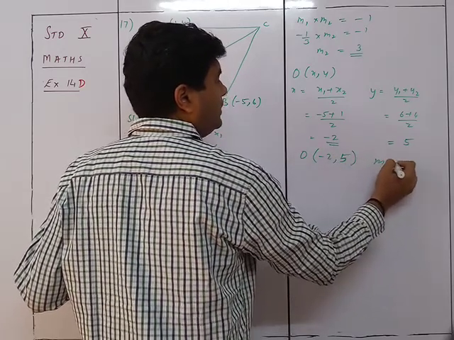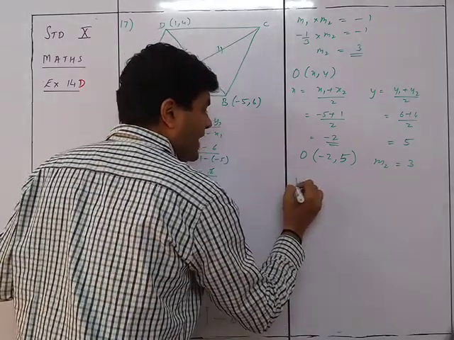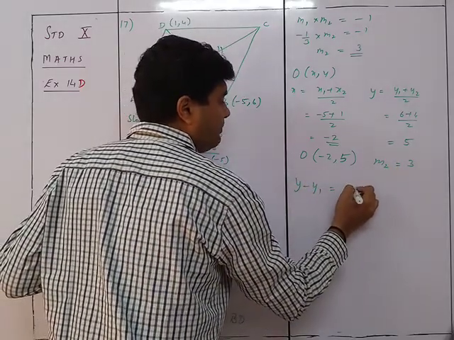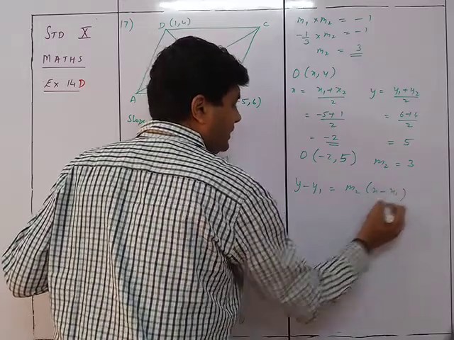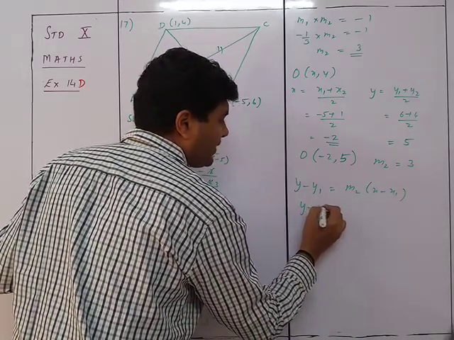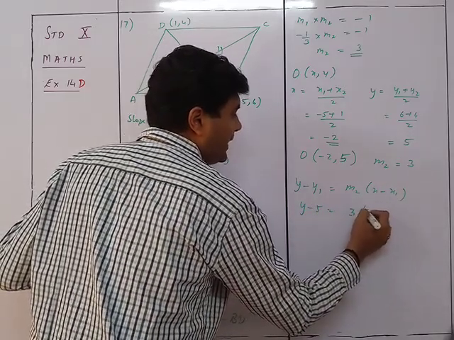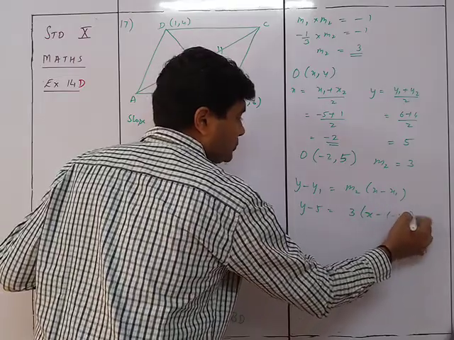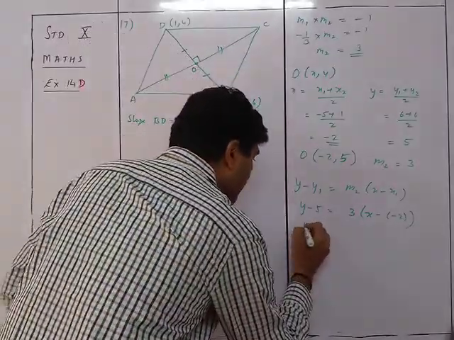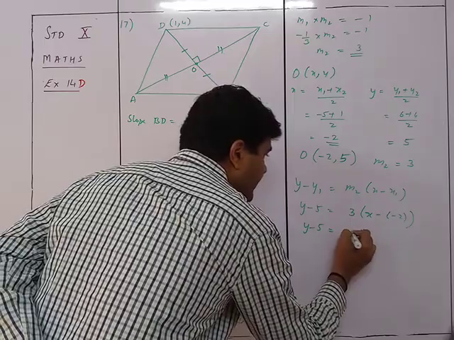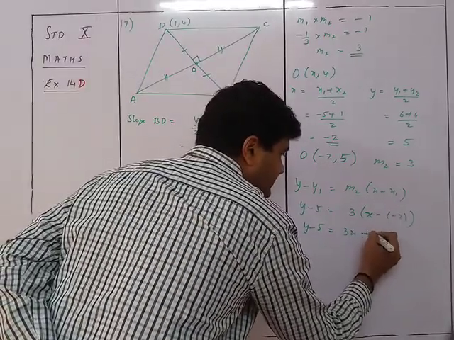And m2 is 3. So y minus y1 is equal to m2 into x minus x1. That gives me y minus 5 is equal to 3 into x minus of minus 2. So y minus 5 is equal to 3x plus 6.